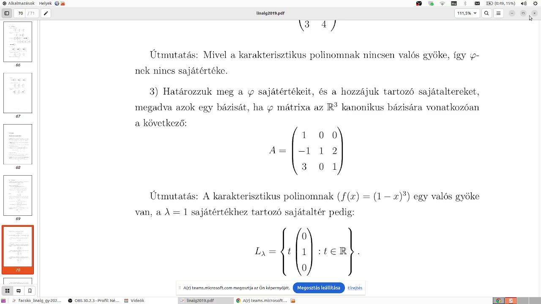So, Sarrus' rule. This is 0, this is 0, this is 0, this is 0, this is 0. It should be 0, so there is only one eigenvalue.